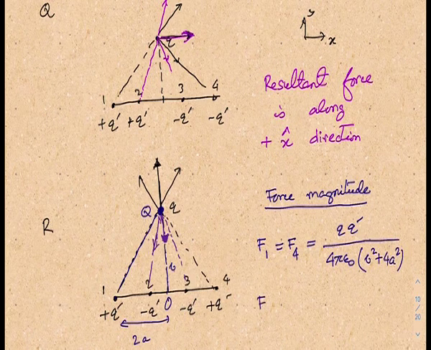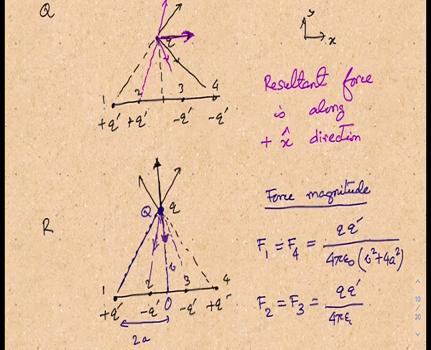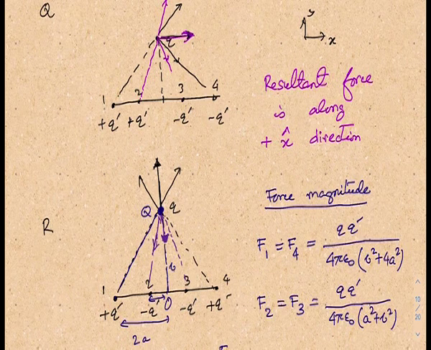And again, F2 is equal to F3. It would be q dash divided by 4 pi epsilon 0. This distance is A, and therefore it would be simply A square plus B square. So it's very clear that the force at 2 and 3 would be greater than the force at 1 and 4.